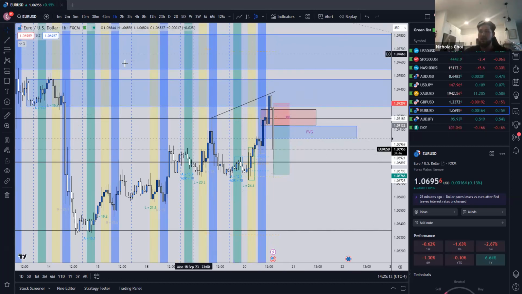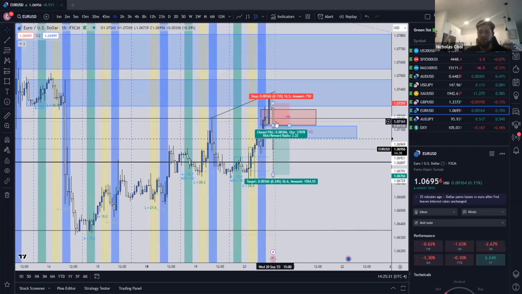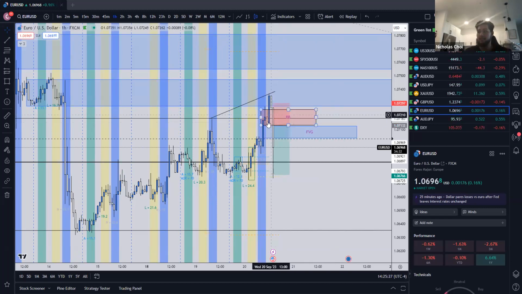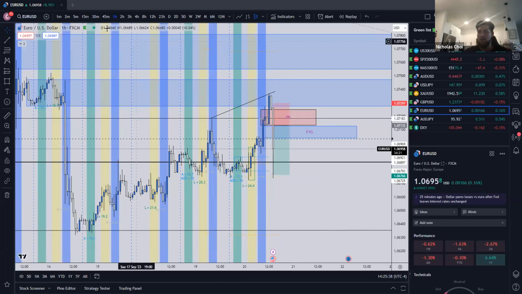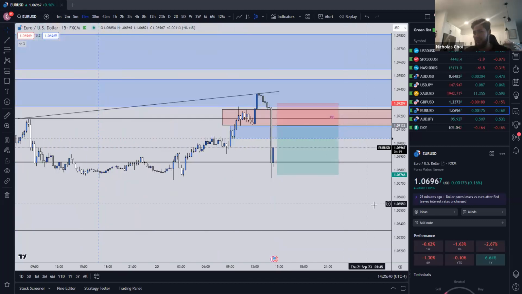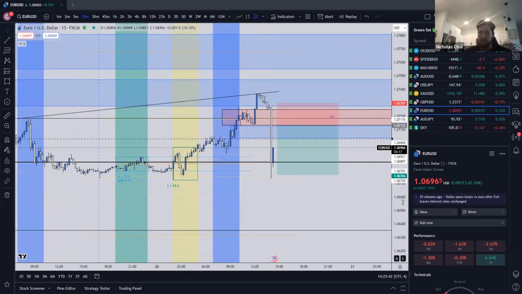For the A plus setup, the highest probability setup: sweep of liquidity, higher time frame zone, break of structure, displacement, and you're entering on a fair value gap, breaker or an order block. Or like in this case, let's say this next candle forms an order block or creates this big fair value gap. Well, then you have order block and breaker all in one, right? That's my favorite setup to see.